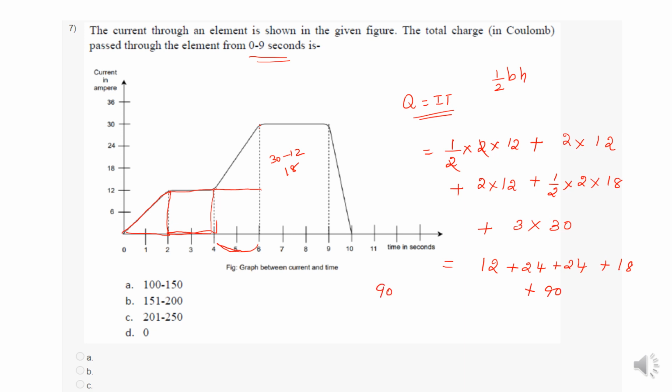Adding all of these: 24 plus 24 is 48, 18 plus 12 is 30, that is 78. So what is the answer? 168 coulomb. The answer is in between 151 and 200, so B is the correct answer.